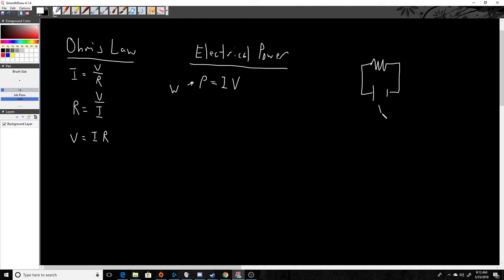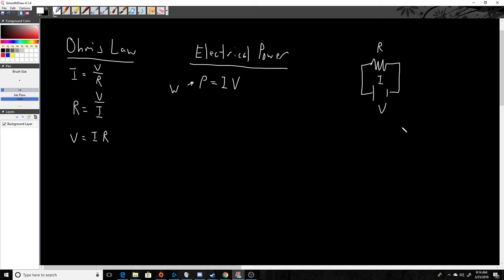I've got voltage here, current running through the whole thing, and the resistance item up top. Depending upon which of these three things I know, say I know resistance and voltage but don't know current, and I don't want to go through the process of figuring out current using just V and R, I can just use the power equation.